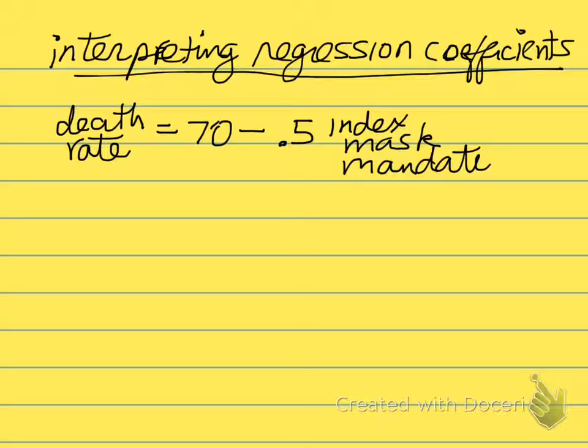So we can imagine a variety of regressions, and here's one: the death rate in a locality. And this might be measured as how many people die per 100,000.